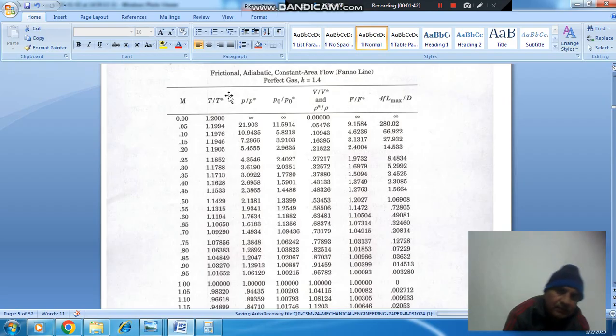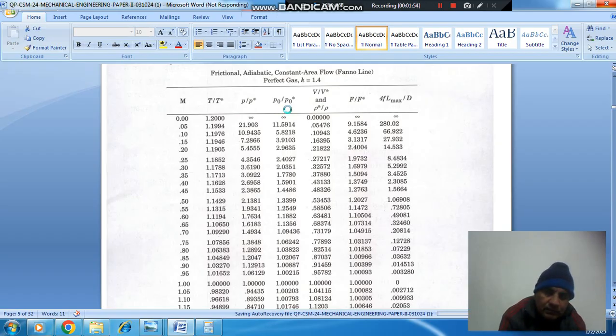T star is the critical temperature, where the Mach number is 1. Then P by P star is the pressure divided by the critical pressure, and P naught by P naught star is the stagnation pressure over the critical stagnation pressure. Similarly, this is rho star by rho, and F by F star, and 4fL max by D. So L max is the maximum length up to which the sonic flow is reached.